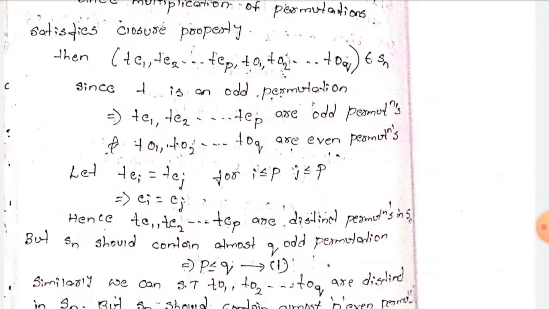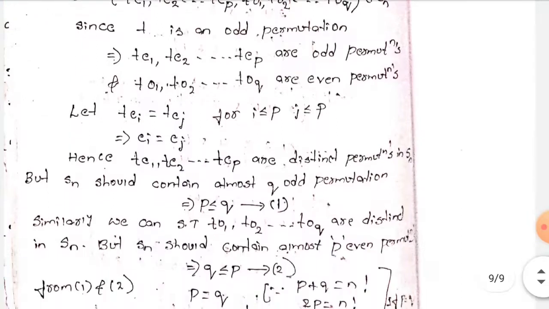At most means Q is the higher value and P contains only at most a few elements, less than Q, meaning P is less than or equal to Q. Similarly, we can show TO1, TO2, and so on up to TOQ are distinct in S_n, but S_n should contain at most P even permutations. At most P means Q will be lesser than P, meaning Q is less than or equal to P.